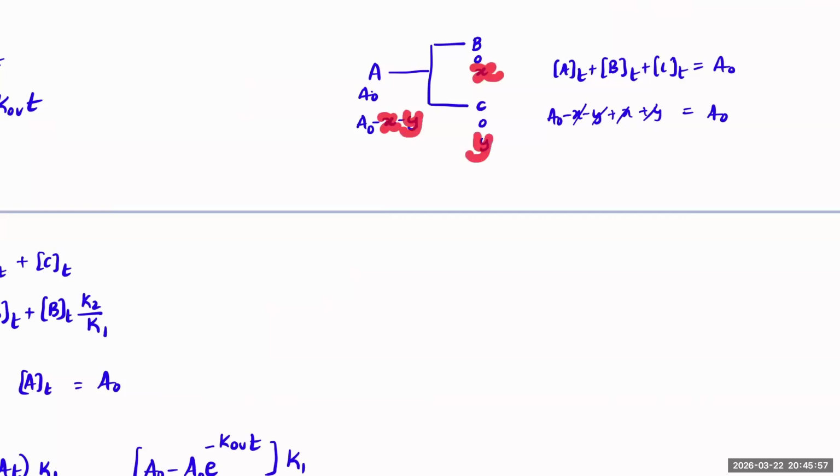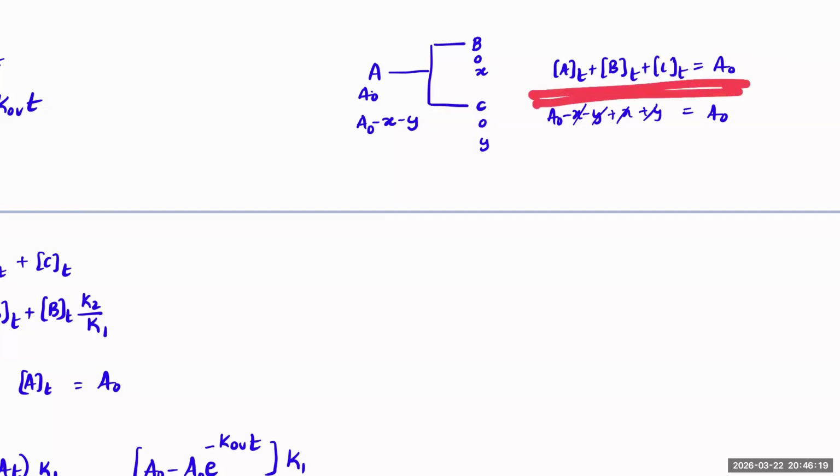Correct? Then can I say at any point of time AT plus BT plus CT should always be equal to A naught, right everybody? So sum of these three should be always equal to A naught. Okay. So we will be using this factor here.